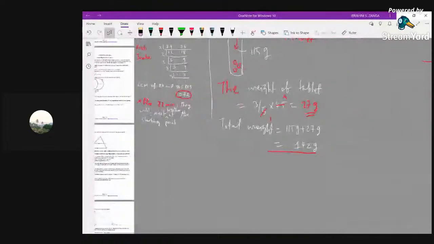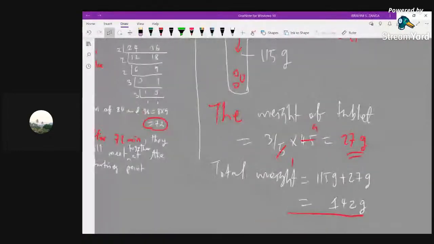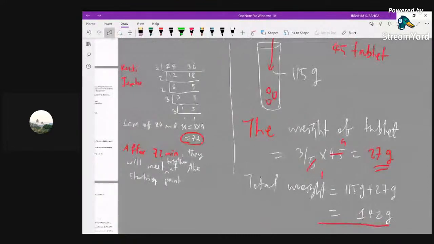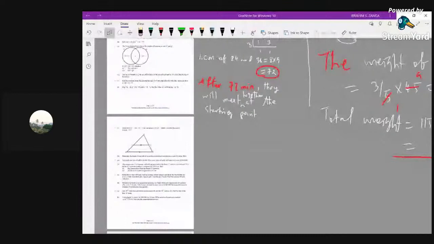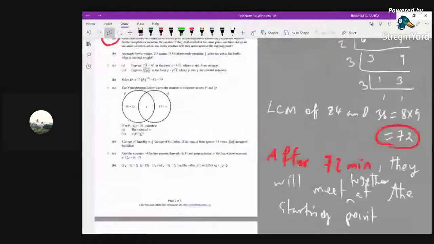So that is the solution for question number 1. I hope you have understood the way we were supposed to solve the question. We proceed with question number 2. We're supposed to express the square root of 3 plus 5 in the form of a plus b root 3.